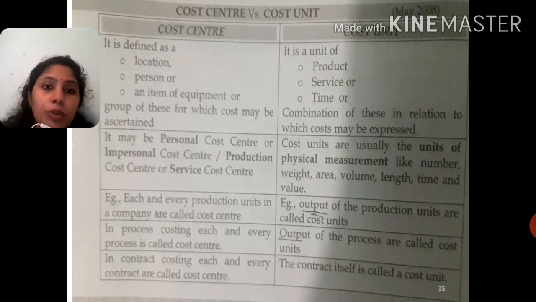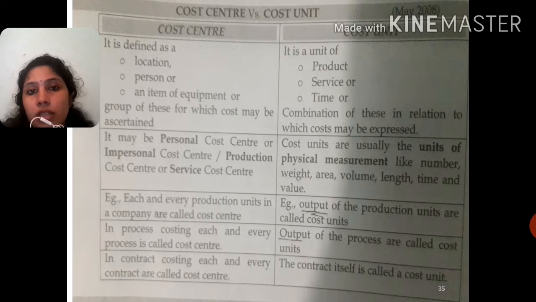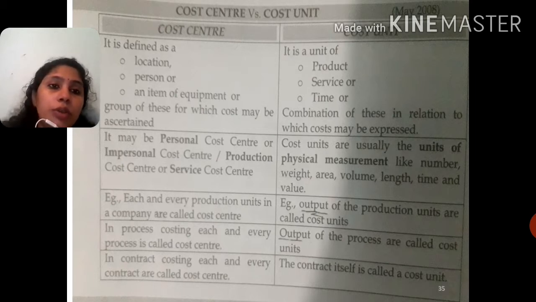We can consider one production department and calculate the cost of that particular production department, and we can consider the service department and calculate the cost of that particular service department, etc.